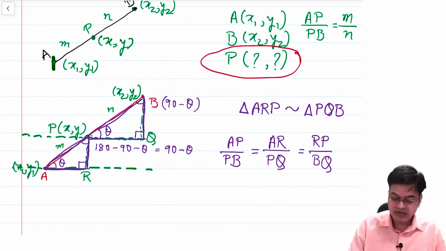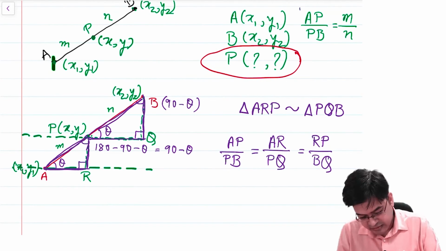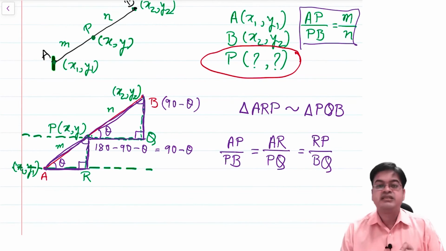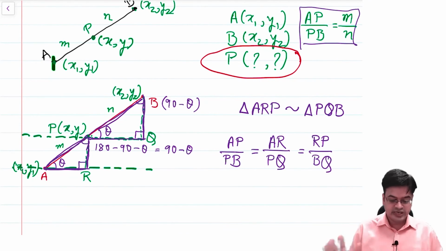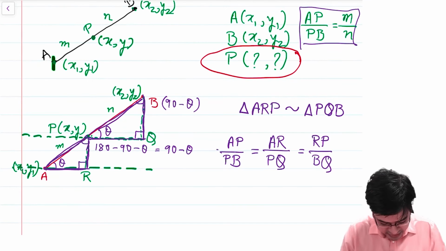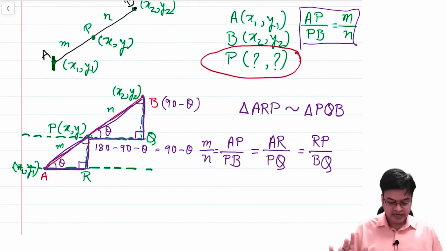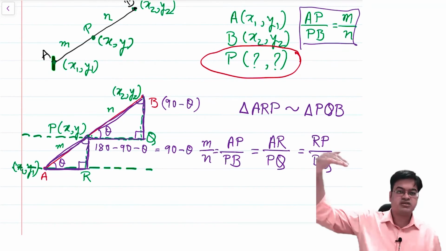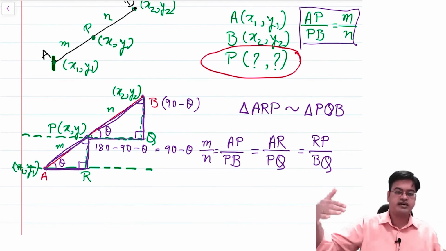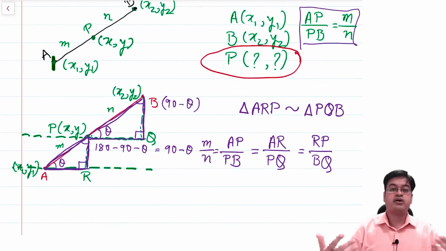But it is already known that my AP to PB is of the form M is to N. So I can simply put it as M is to N. Now some miracle happens. What is the miracle? AP to PB is lying on a slanted line, not a horizontal one, and therefore I cannot talk about the lengths of these lines, or I have to use the distance formula.